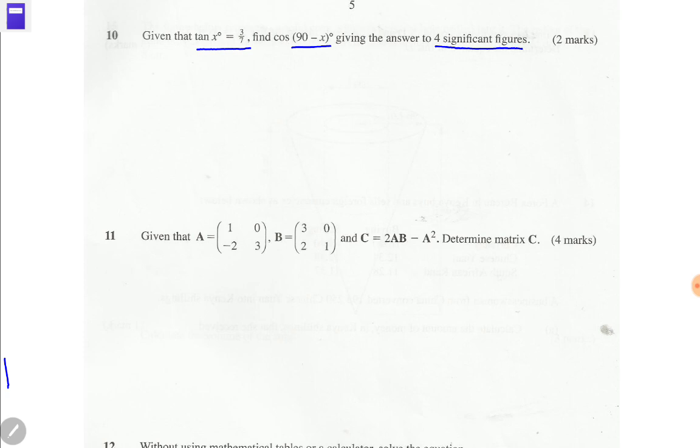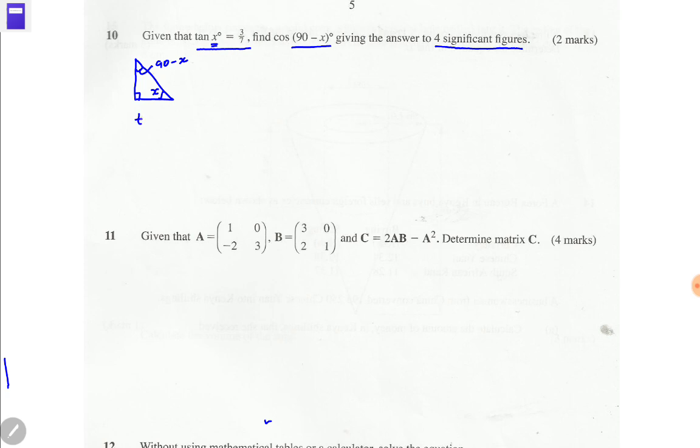Now, if x is an acute angle, then we can represent this information on a right-angled triangle such that if this is angle 90 and this is x, then this is angle 90 minus x.